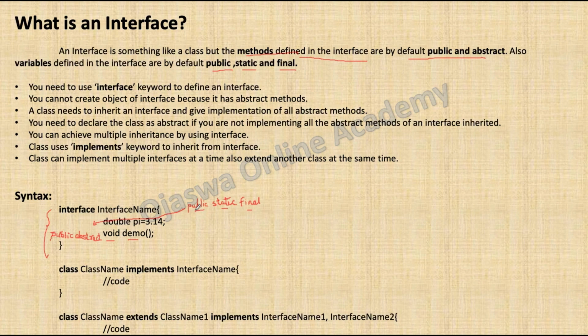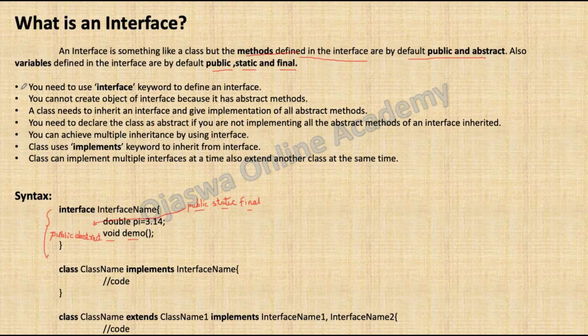They can be accessed anywhere. Static, you don't have to create an object to access interface variables. And final, these are constants. You cannot reassign the value for interface variables. So these are the basic things you need to remember. The methods are public and abstract, and the interface variables are public, static, and final.